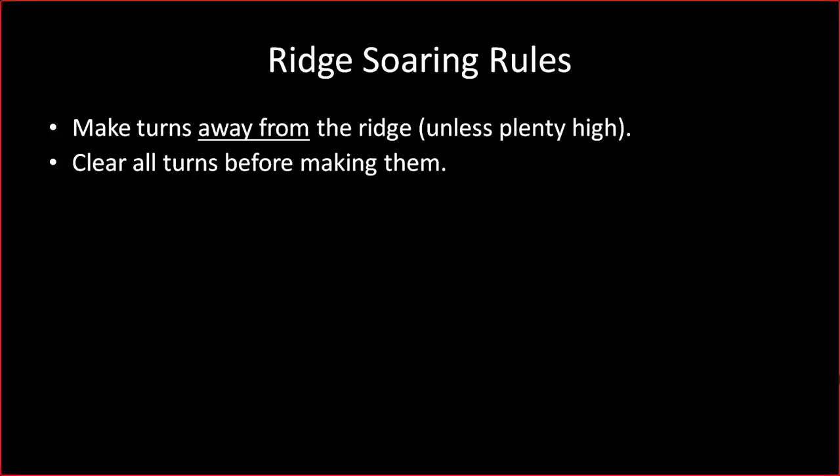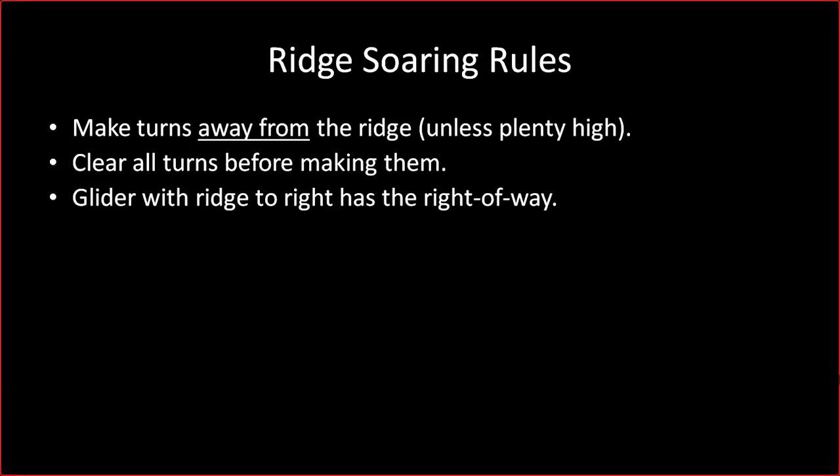Clear all your turns before you make them. There can be people who knows where in ridge lift, so clear your turns, clear them as you're making them, look all around, head on a swivel, looking for other traffic. The glider with the ridge to his right has the right of way.